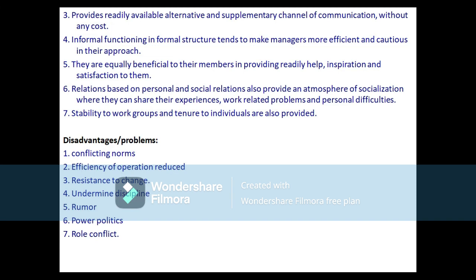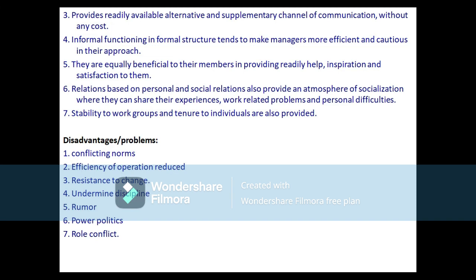And undermining discipline means the informal group opposes management policies, rules and procedures. As a result, the character and competence of management tend to suffer. That is what undermining discipline means. In a formal organization, definitely they will have discipline towards the organization regarding the policies and procedures, but here we will not see such things.